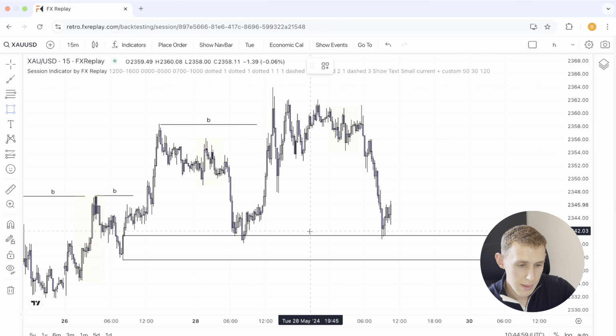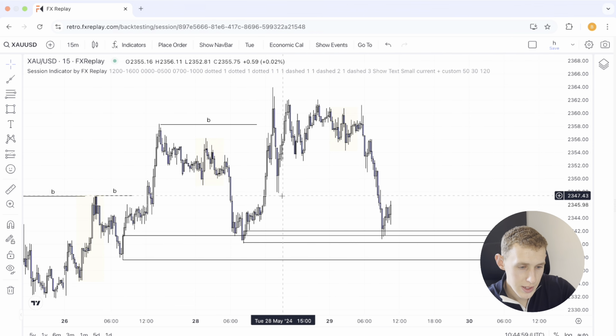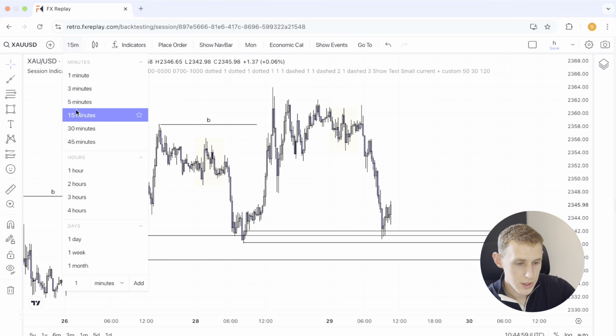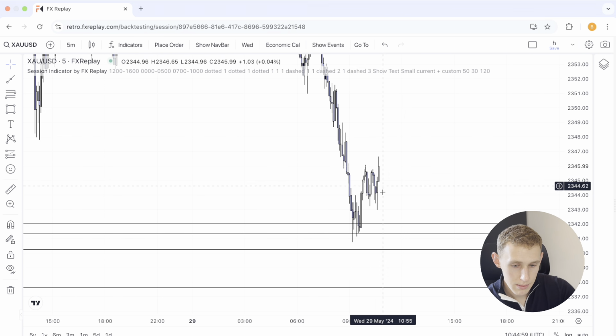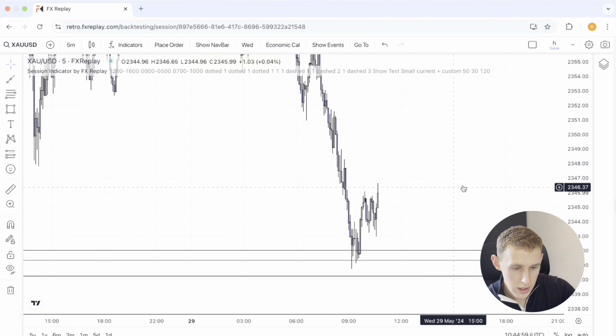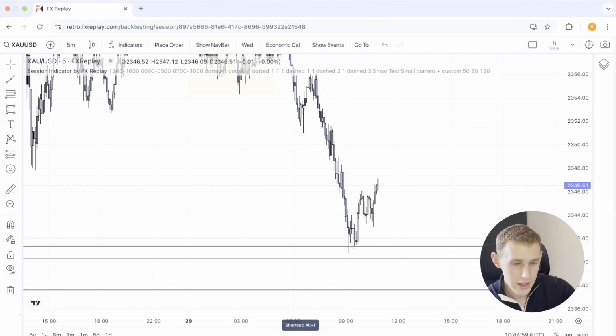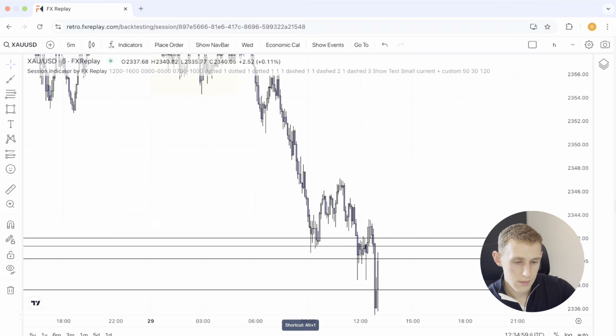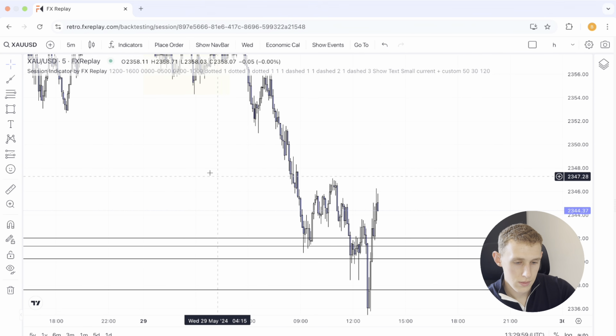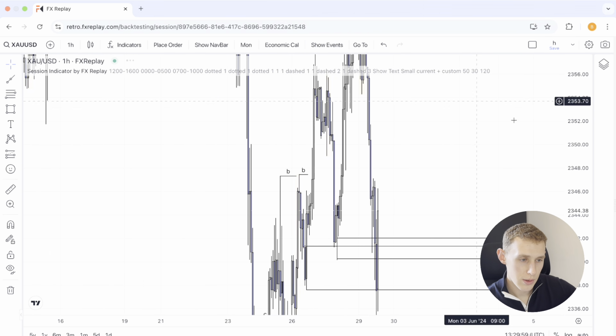Right, so price has come back down, kind of held this extreme, which was the lowest demand in that range. And then on the 5 minute, has it broken structure? No, so this is not valid just yet. Right, now it's valid, so this looks good.